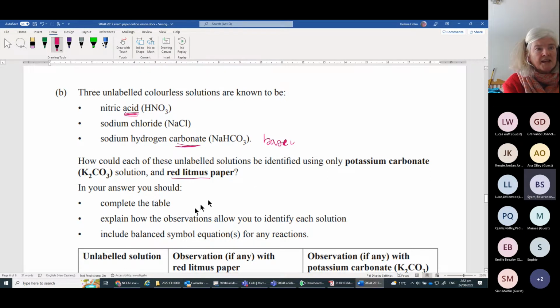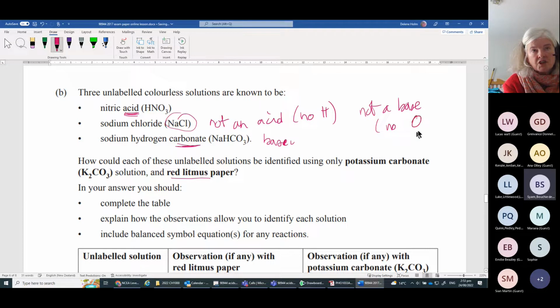And now you've got to say what will happen here. Well, first of all, if you look at this, you know it's not an acid because there's no H in there. You know it's not a base because there's no oxygen or hydroxide or carbonate in there.